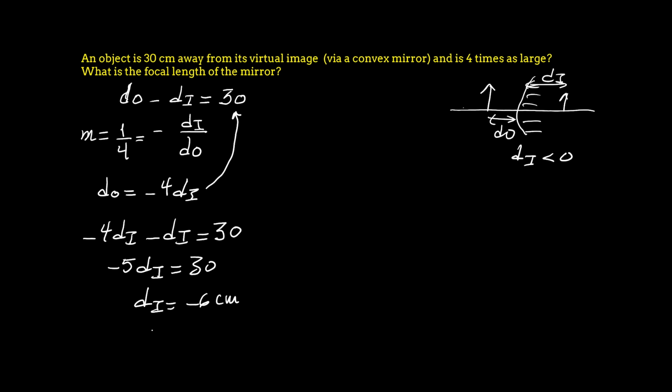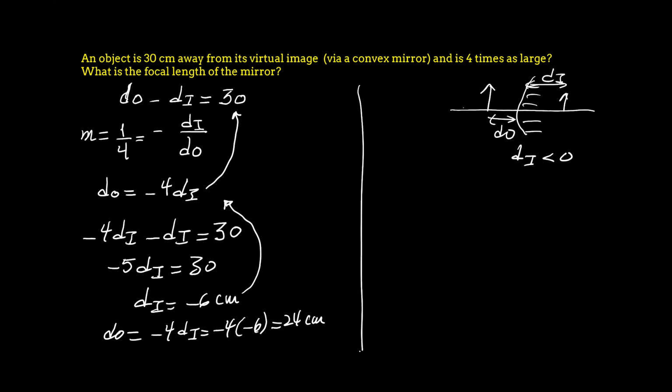And from that, right away, we plug in here. DO is negative 4 times DI. Negative 4 times negative 6, 24 centimeters. So now let's compute the focal length. And we start with this.